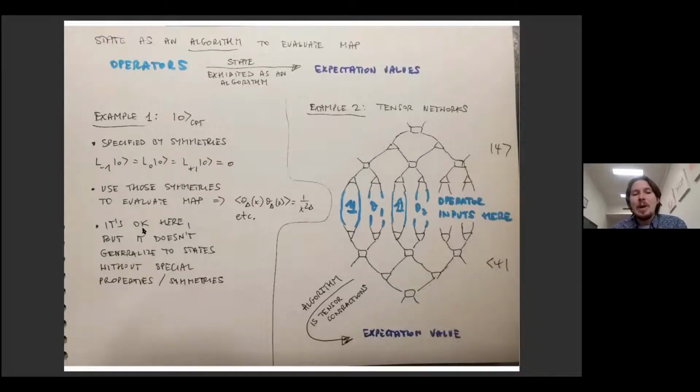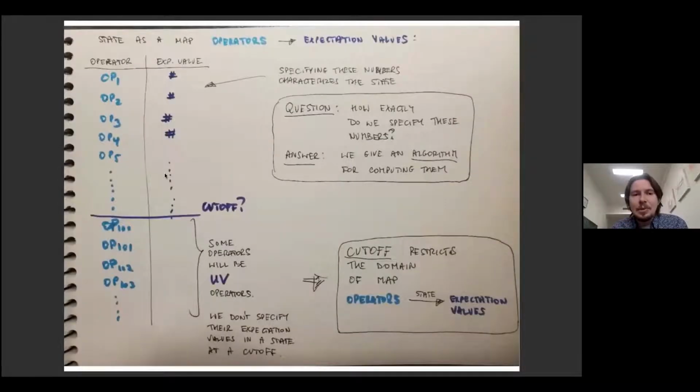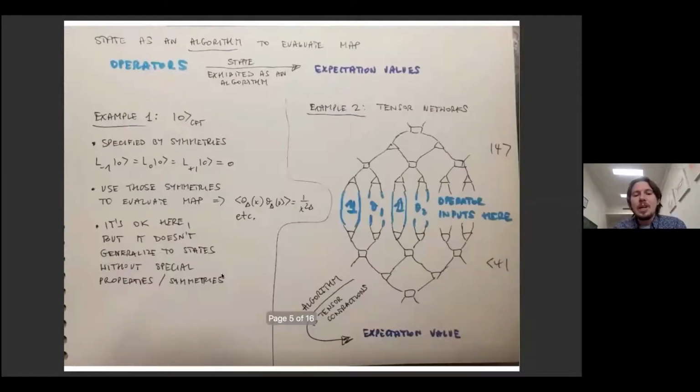That kind of way of getting correlation functions or populating this table works only for states which are very special, which are defined by some kind of symmetries. In other words, if my state has some very peculiar property, then I can turn that property into a trick for computing correlation functions in that state.